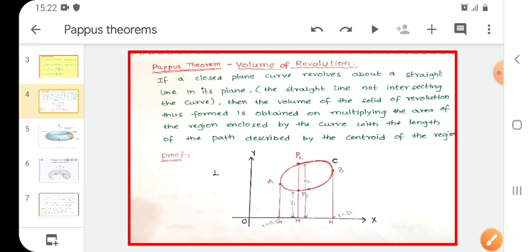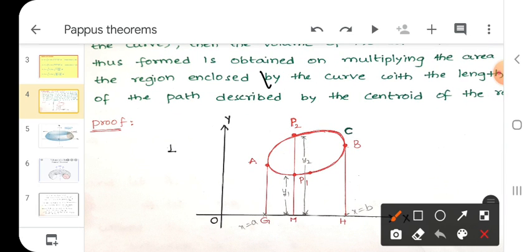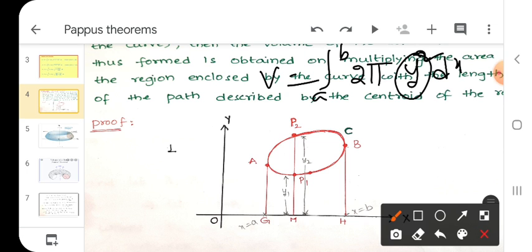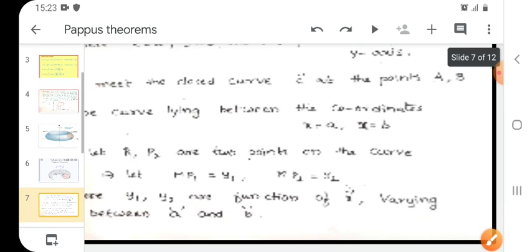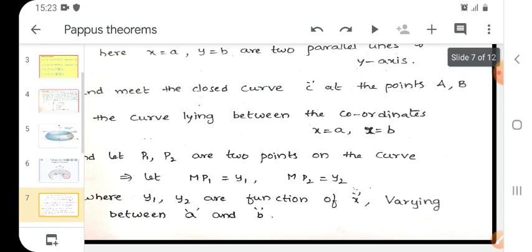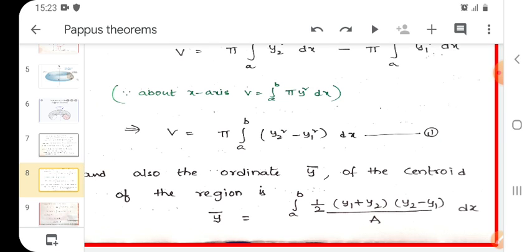Now I write the formula of volume of revolution. What is the formula of volume of revolution? Integral from a to b of pi y square dx.